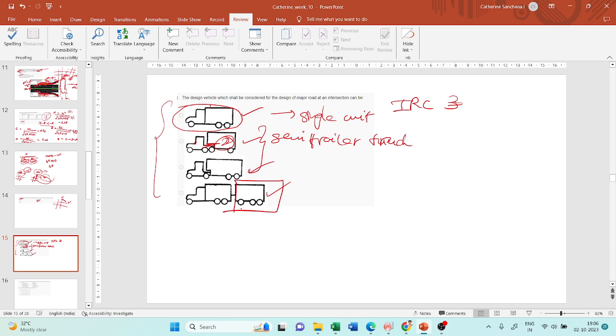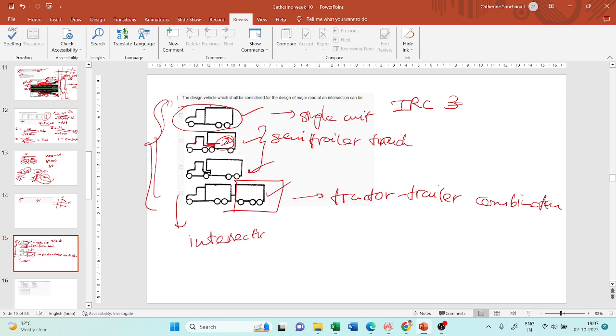Unlike this one. So this is called a tractor trailer combination. Okay, so they have different names, and each of these vehicles will be used to design an intersection.